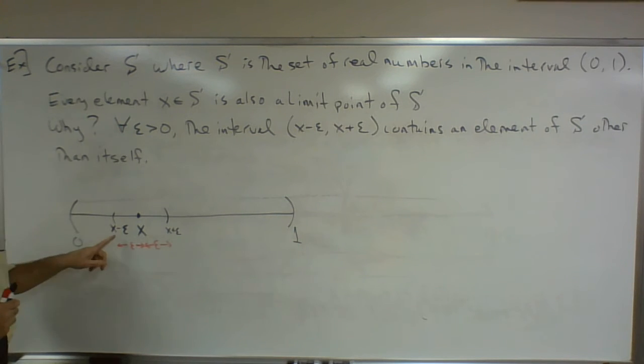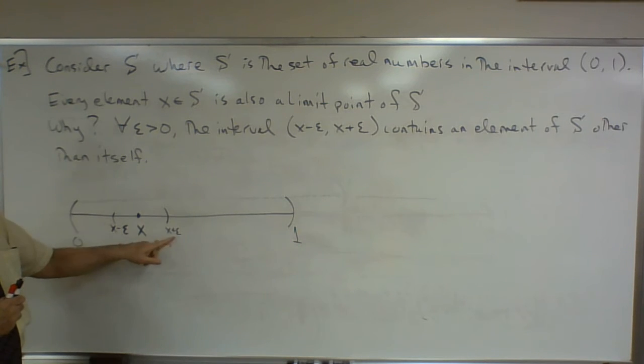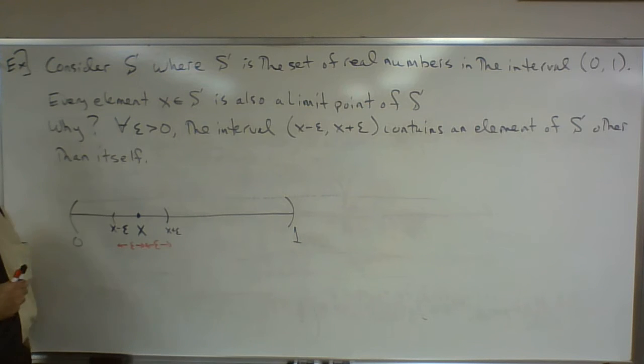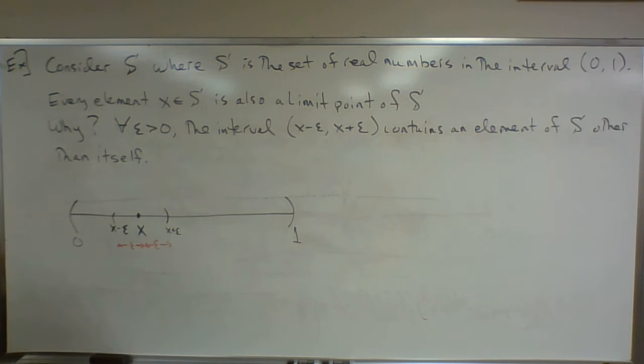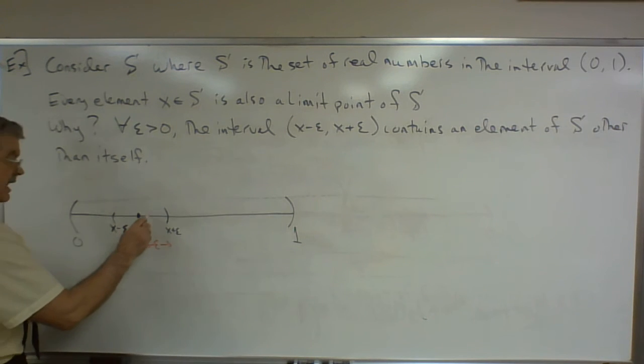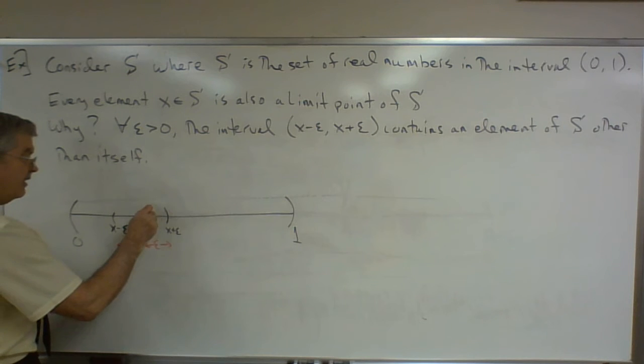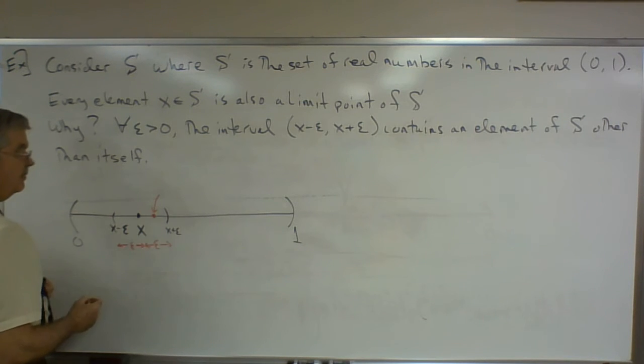Now, does this interval from x minus epsilon to x plus epsilon contain a point of S other than X itself? Well, keep in mind, every point in the interval from 0 to 1 is already an element of the set S. So any element that I pick in here is going to be an element of the set S.